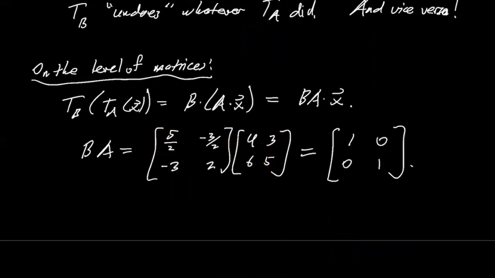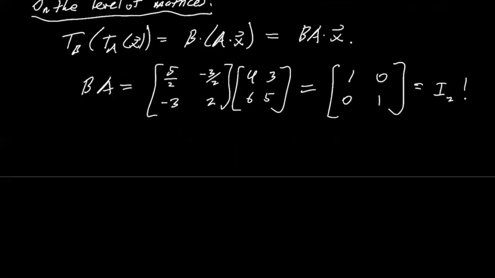You should check. It's the identity matrix. The 2x2 identity, right? So in general, and again, you should check that A times B is also the identity.